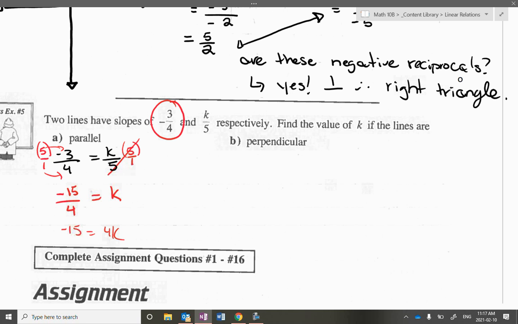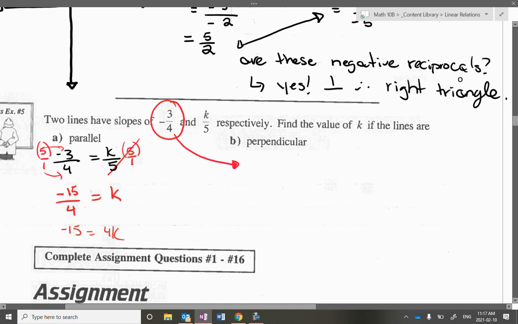Charlotte? Good. So if I find a slope that's perpendicular to that, it would be 4/3. I made it positive and I flipped it.